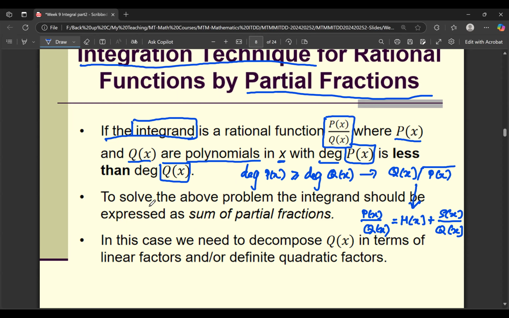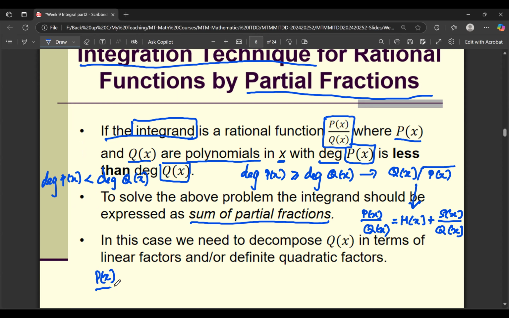Okay. Then if we already have the degree of p(x) less than the degree of q(x), we can go to the next procedure. Maybe we must do some partial fraction. What is sum of partial fraction?